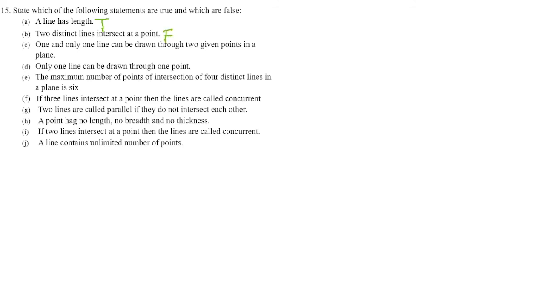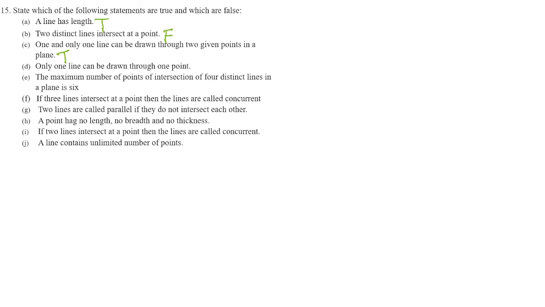One and only one line can be drawn through two given points. If we have two given points, only one line can be drawn, and that's true. Only one line can be drawn through one point.